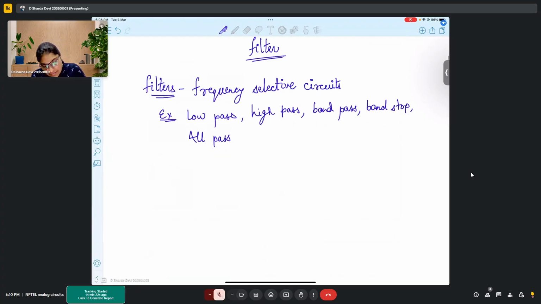Starting with the first and the basic filter that we have, the low pass filter. As the name suggests, it passes the lower frequencies.